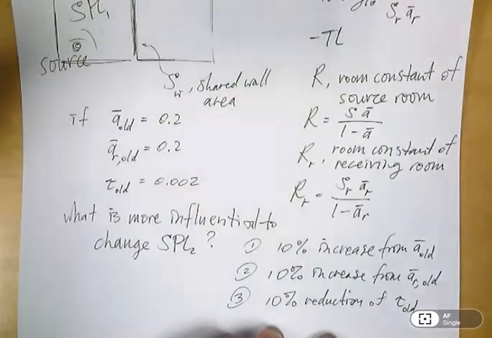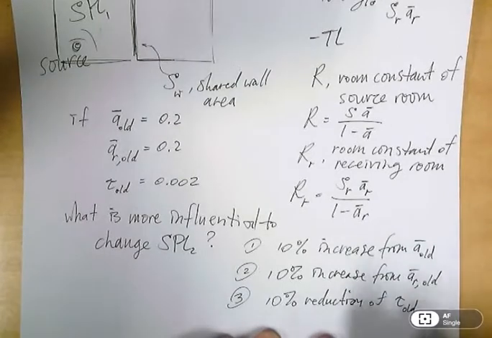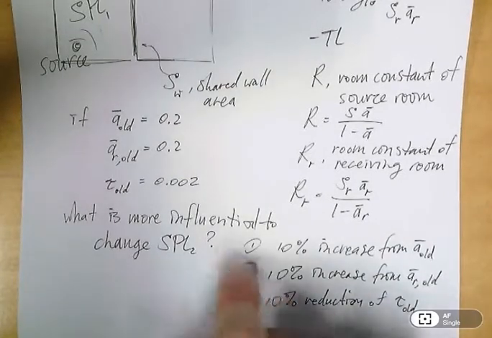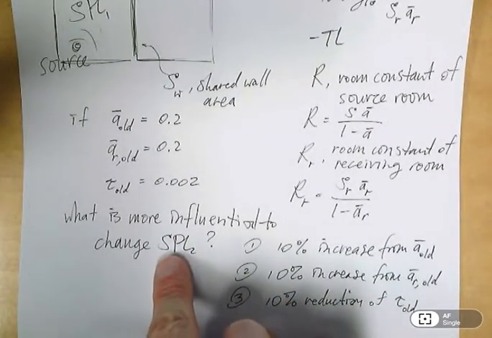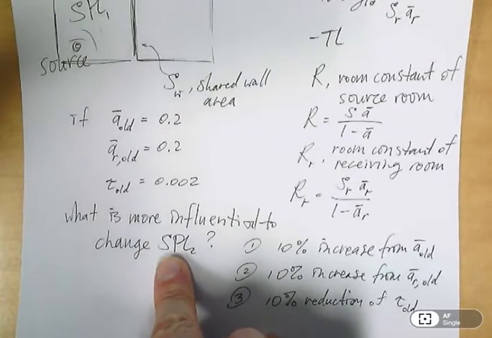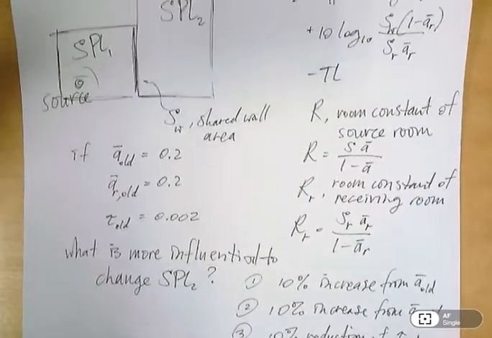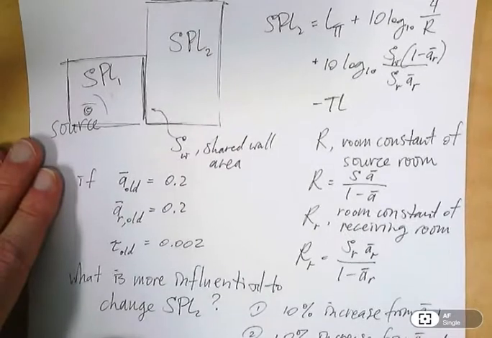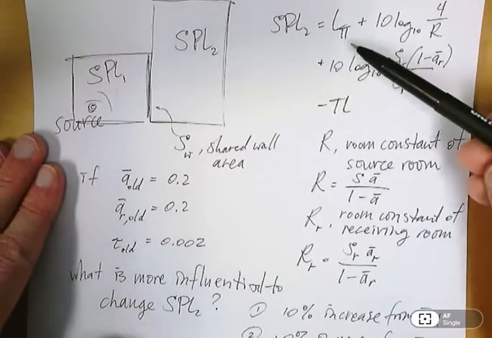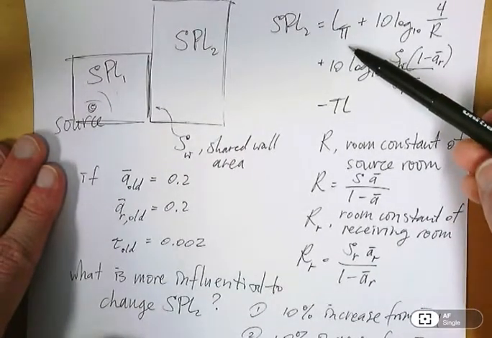So can you solve this? What is more influential to change the SPL2, where we have that equation written above. So let's say we can't do anything about the source power in the source room.